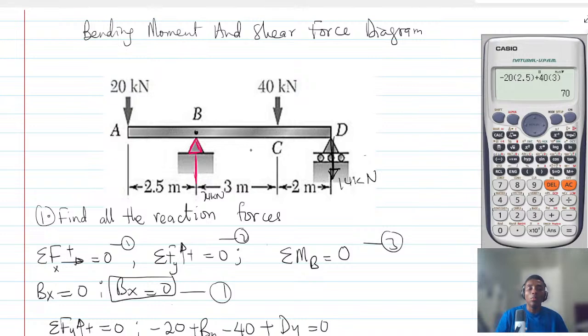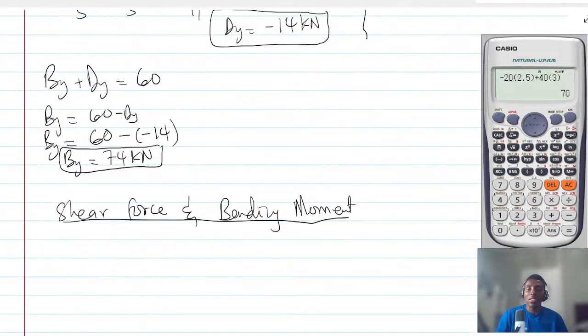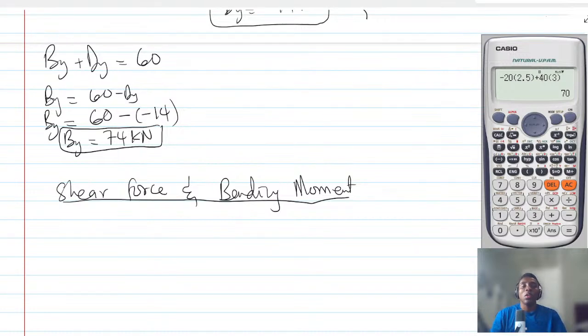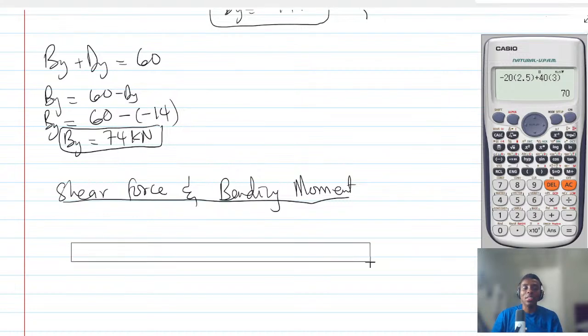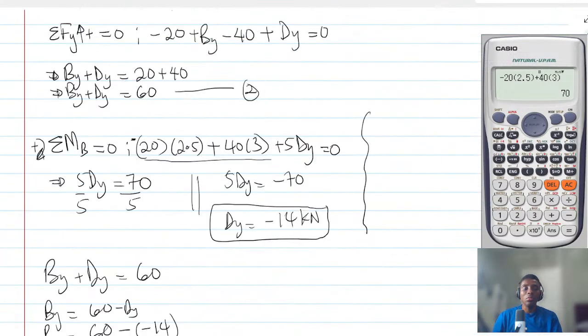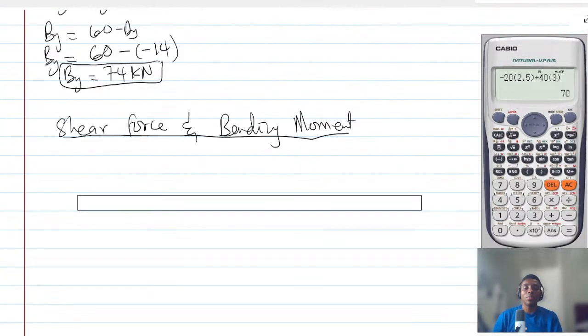So let me try and see if I can sketch it. So I have, okay, let's say this is the beam here. And then at A there is a load of 20 kilonewtons.